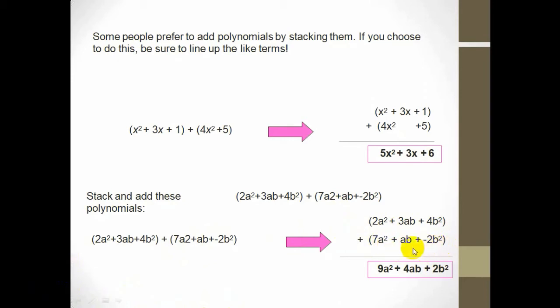So minus 2b square can be written as plus into minus 2b square. Actually, the minus sign goes with the addition. So minus 2 can be written as plus into minus 2. So these two terms are like terms. So add the coefficients 2 plus 7, 9. And 3ab and ab are like terms, so add the coefficients, 4ab. And plus 4b square and minus 2b square are like terms. So plus 4 minus 2 is equal to plus 2, so 2b square.